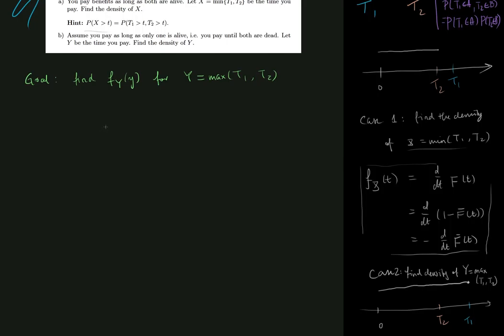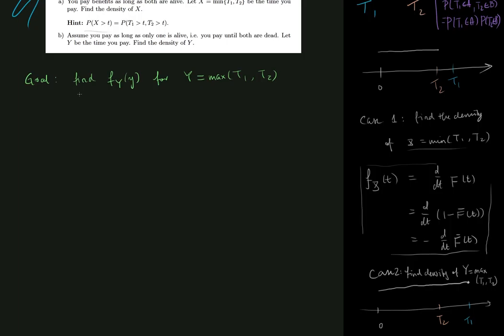If Y is smaller than some value, it means T1 and T2 are also smaller than that value. We can't really use the same hint as we did earlier, because even if Y is greater than some t, then it just means that either T1 is greater than that t, or T2 is greater than that t, and then we have a union. And it's not that fun to work with unions. It's more fun to work with intersections.